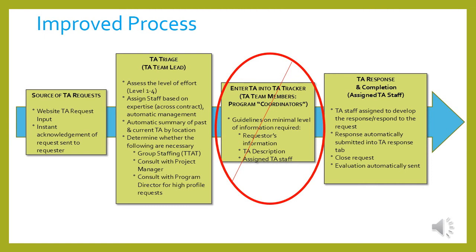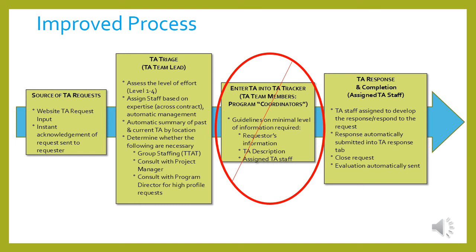The TA triage may need some human touch to determine what level the TA is and assign staff. However, an automatic summary of past and current TA can be done by using the location that is inputted by the TA requester themselves. Once that request is inputted into Tracker, Tracker can automatically submit or pull a record of all the past and current TA and send that to the TA manager.